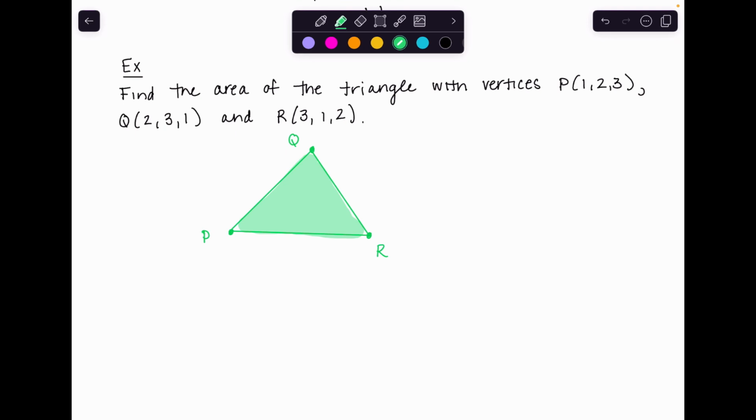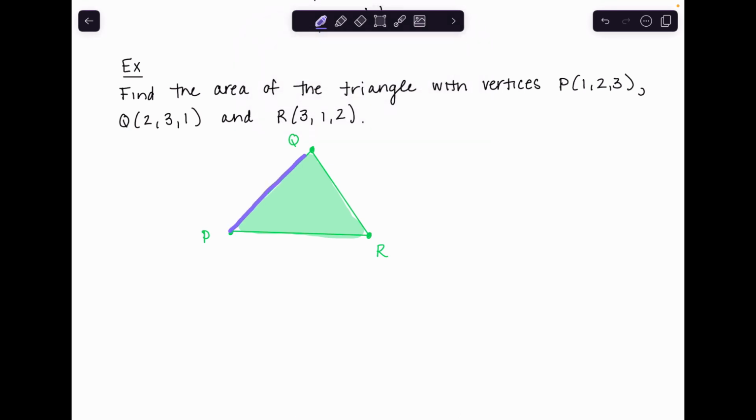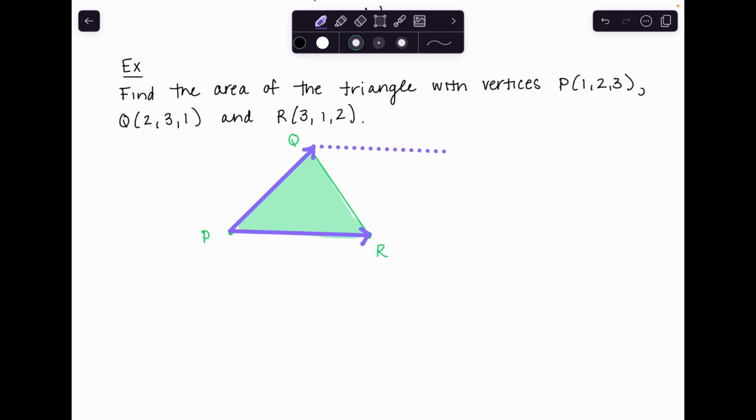If I find this vector here, PQ, and this vector here, PR, and take the cross product of those and find that magnitude, that's going to result in the area of the parallelogram formed here.